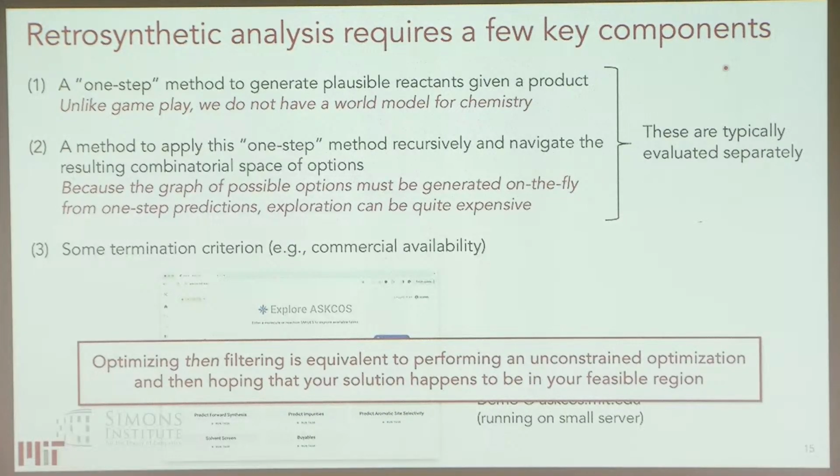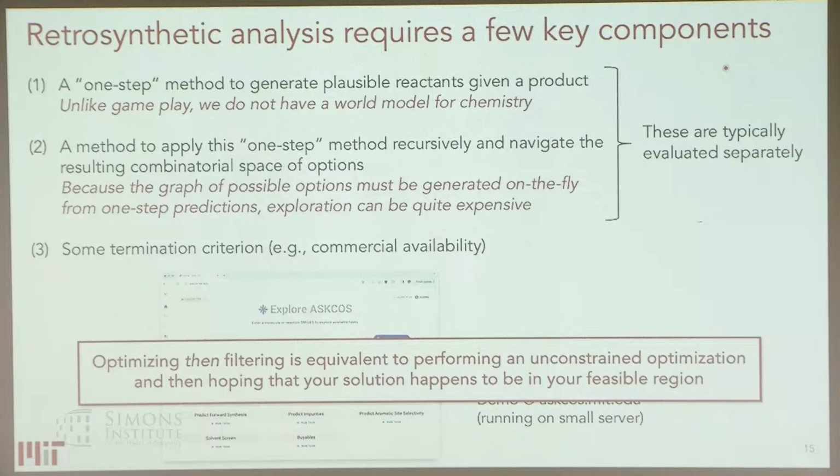I guess that's a trend here. Because when we apply synthesis planning models to generated structures, we're effectively trying to do a constrained optimization by doing an unconstrained optimization, and then hoping and crossing our fingers, right? Really, really hoping that we happen to arrive at solutions that are in the feasible region. But I'd say, chemical space is this enormous combinatorial thing.